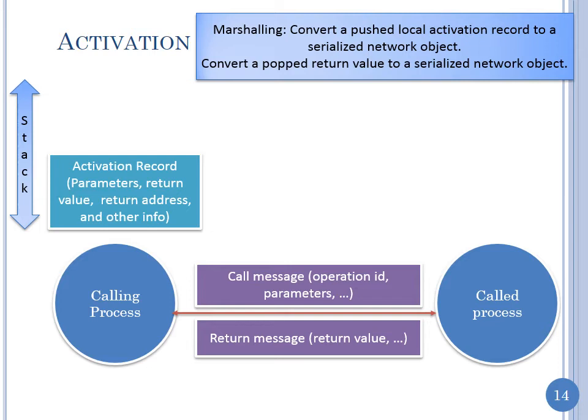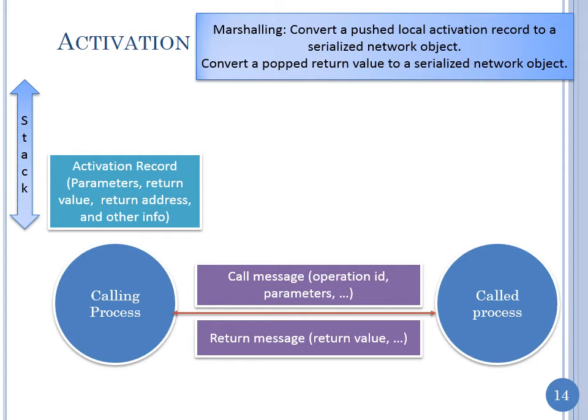I said that the remote activation record is a copy of the local one. Not quite a copy, but almost a copy, modulo the address issues. So copying the local activation record onto a network representation is called marshalling. Copying the received network representation into a received activation record is unmarshalling.